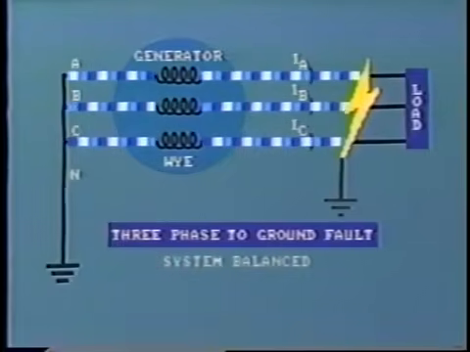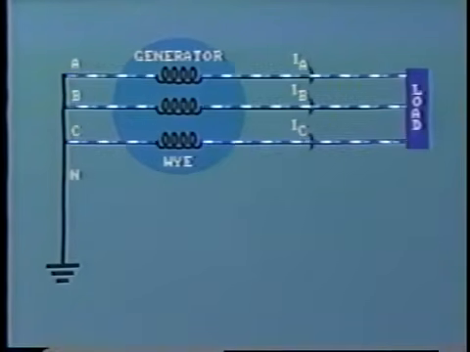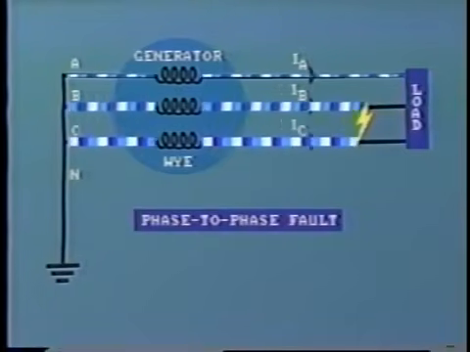Where all three phases are grounded by a fault, this is considered to be the same as a short circuit across all three phases. The voltage at the fault is reduced close to zero on all three phases, and it remains balanced. The second type of fault is the phase-to-phase, where there is a short circuit between two conductors only.